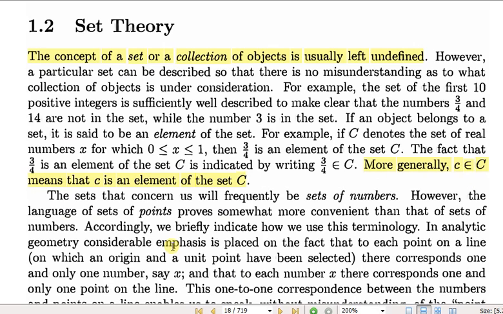Now, 1.2 Set theory. The concept of a set or a collection of subjects is usually left undefined. However, a particular set can be described so that there is no misunderstanding as to what collection of objects is under consideration.